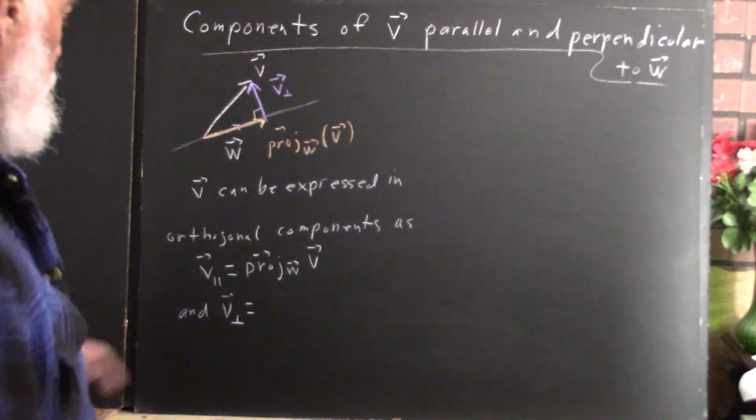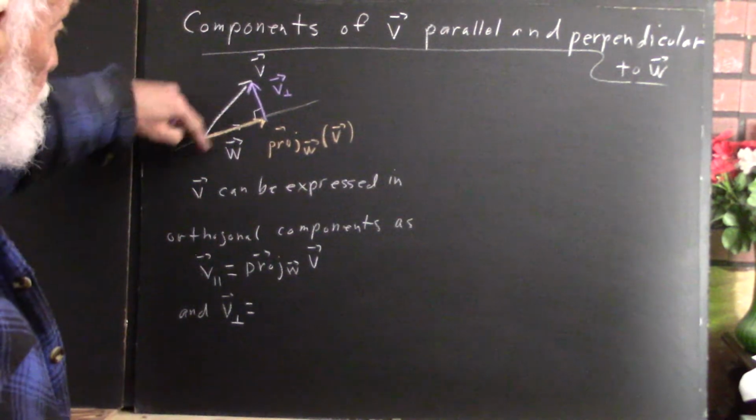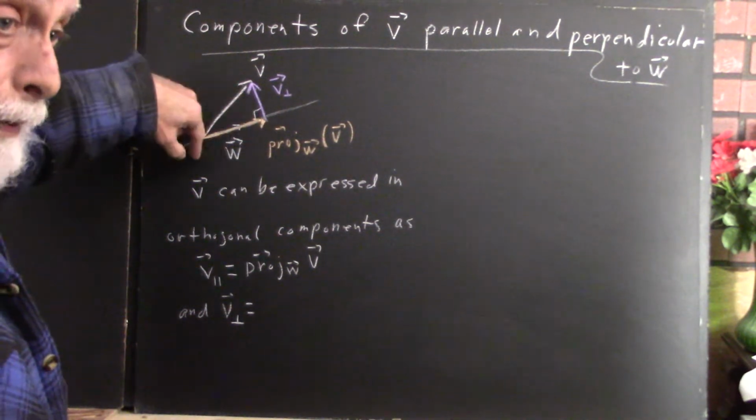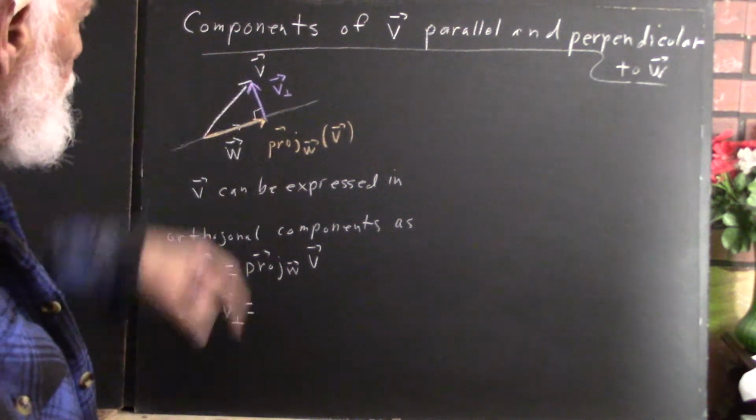And what does V perpendicular equal? Well, there is V perpendicular. This is now what we want to call V parallel, the part of V that's parallel to W. What about V perpendicular?